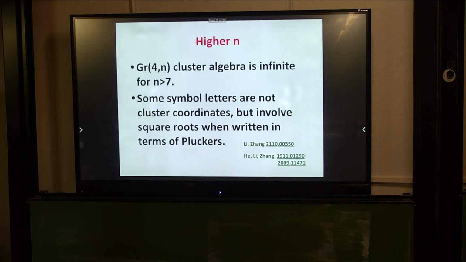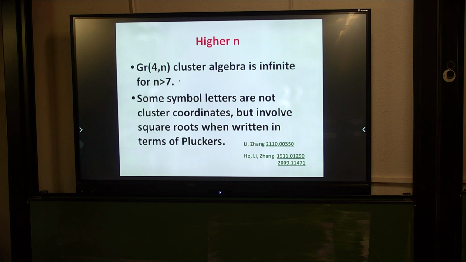For high N, so far I told you about 6 and 7. If you go to 8, Gr(4,8) becomes relevant. Then the cluster algebra is infinite. So what do you do? Of course, in amplitudes, only a finite subset appears. That's point number 1. And point number 2 is that some of Song He's students worked out the actual alphabet for 8 and 9 point amplitudes.